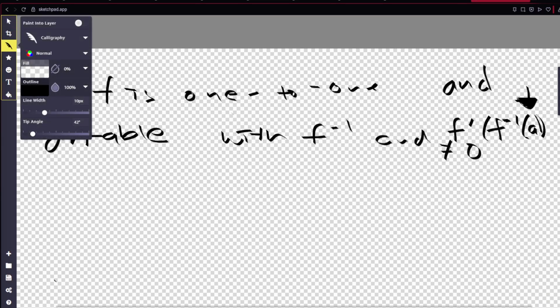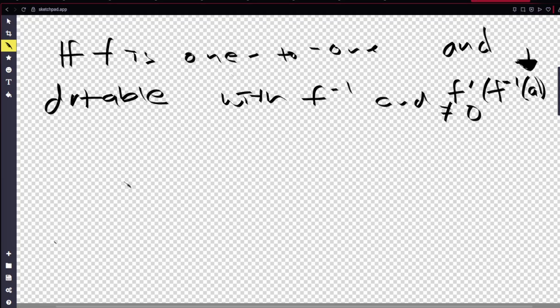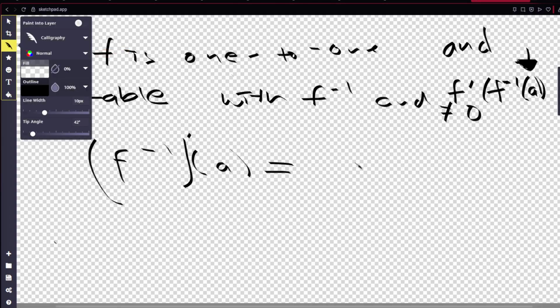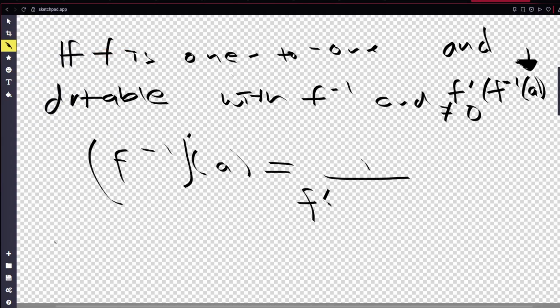This is what is going to be quite difficult to understand and wrap your head around. So the derivative of the inverse function at a is equal to 1 over the derivative of the function with its input being the inverse function, like that.